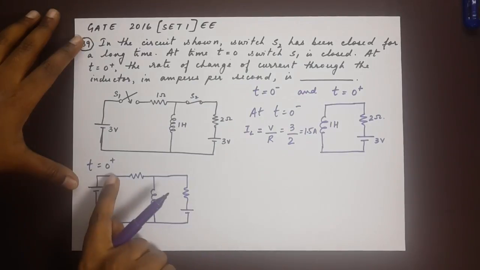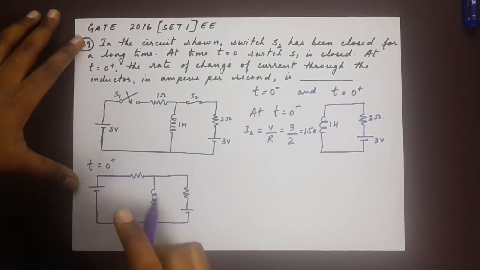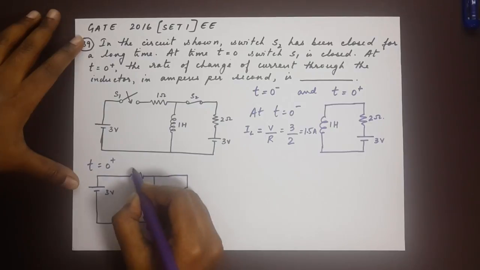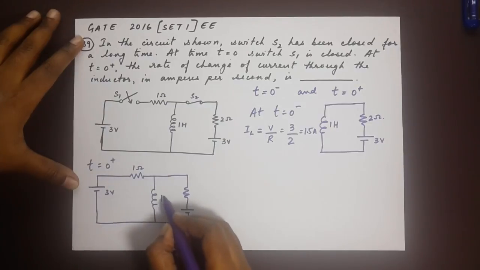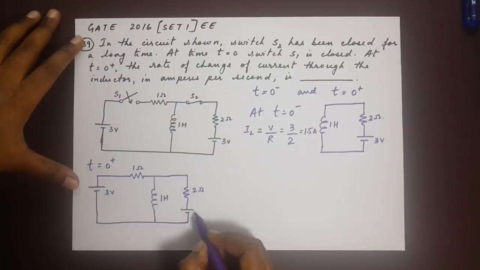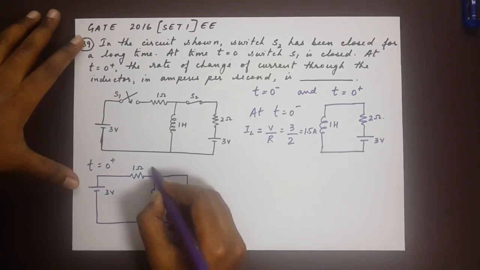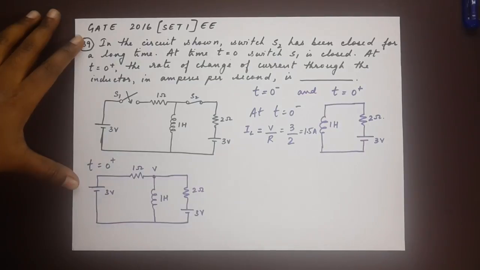Okay, so this is what we have where both S1 and S2 are closed. This is 3 volts, this is 1 ohm, 1 Henry, 2 ohms and 3 volts. So we need to calculate first the voltage at this point.